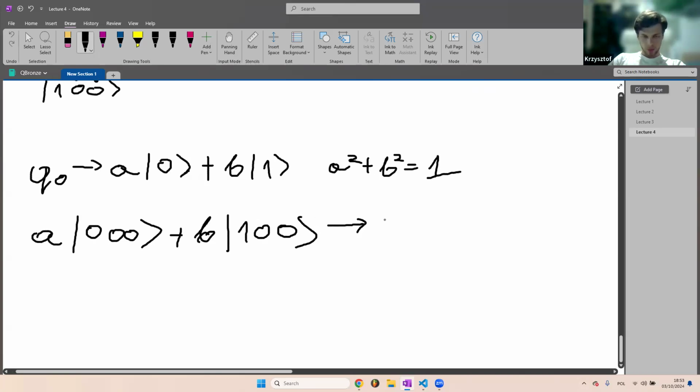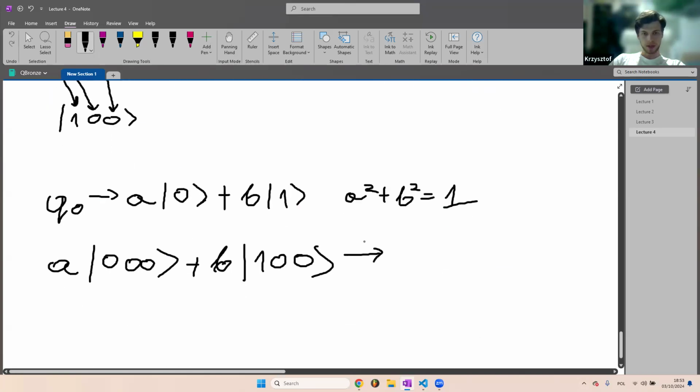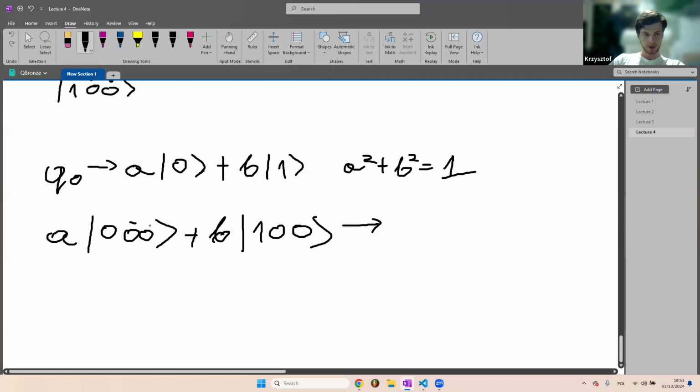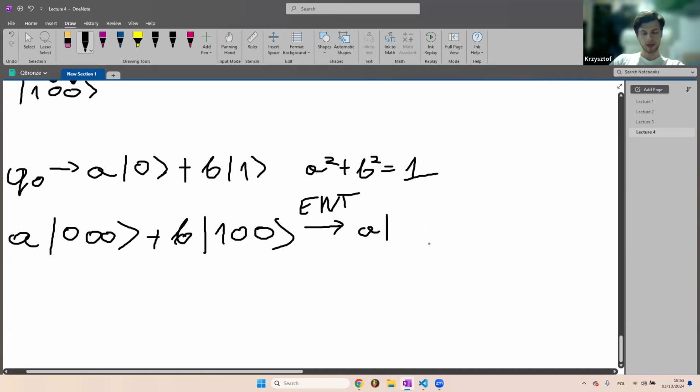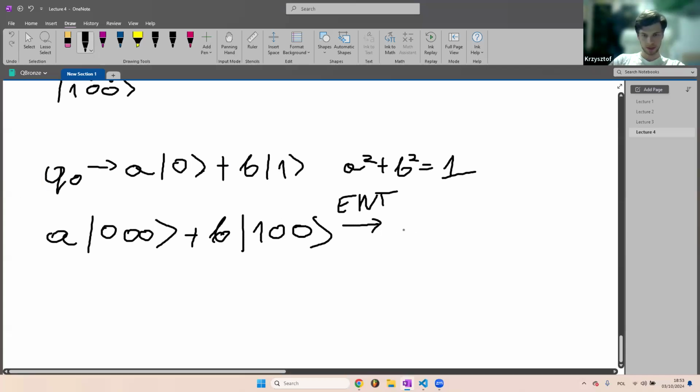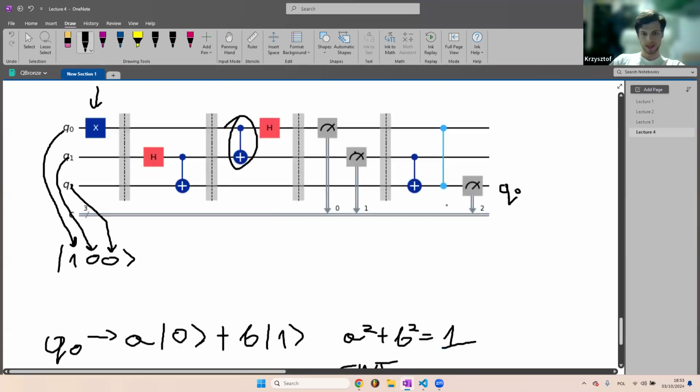Then we apply a Hadamard operator and entangle those two qubits. So after the entanglement, we know that we will actually get 4 states. So maybe it'll be easier to write it step by step.